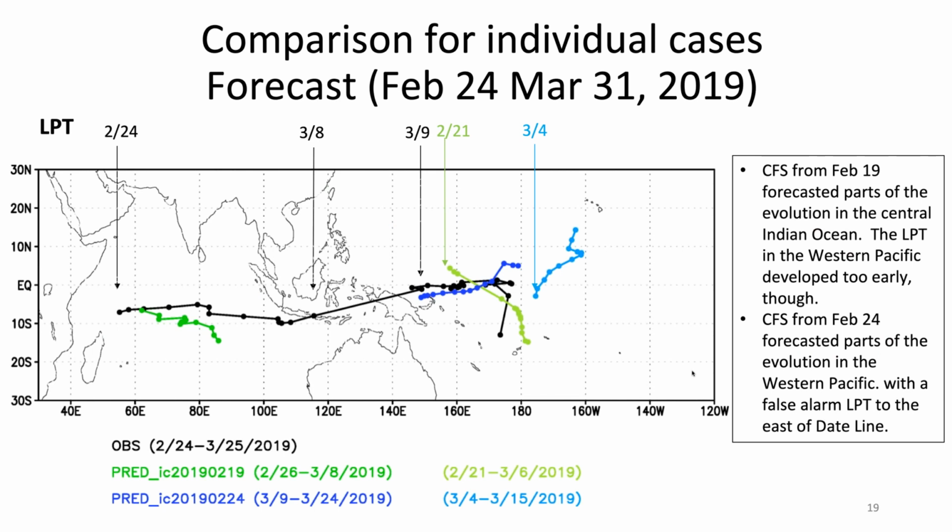So obviously this is not a continuous propagation. This is like two separate episodes. And what's interesting is there's no OMI and RMM signal corresponding to the period after March 9th. So that's kind of interesting. So let's look at the next slide.